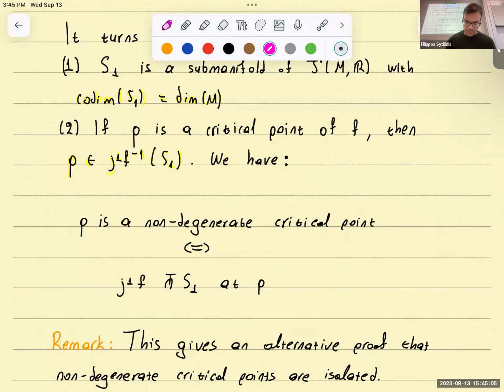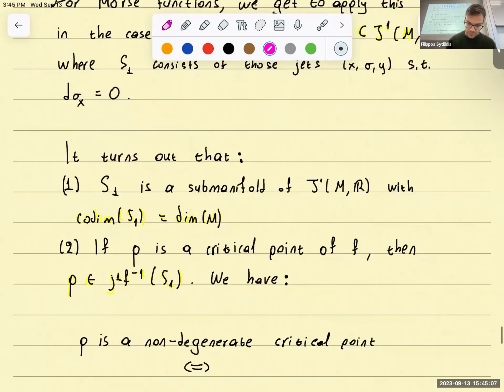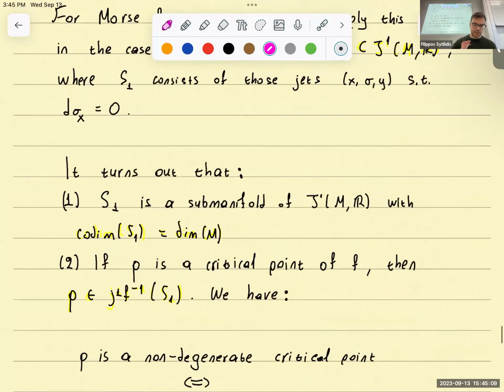And I'm stating it as a fact that the codimension of S1 in J1 actually equals the dimension of M. So then the codimension of the J1 section is also the dimension of M.